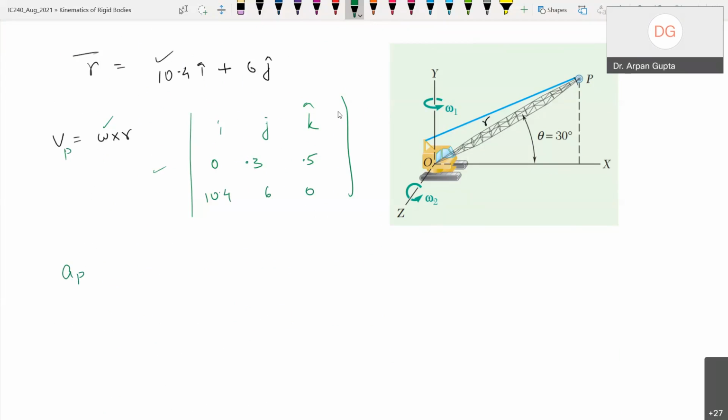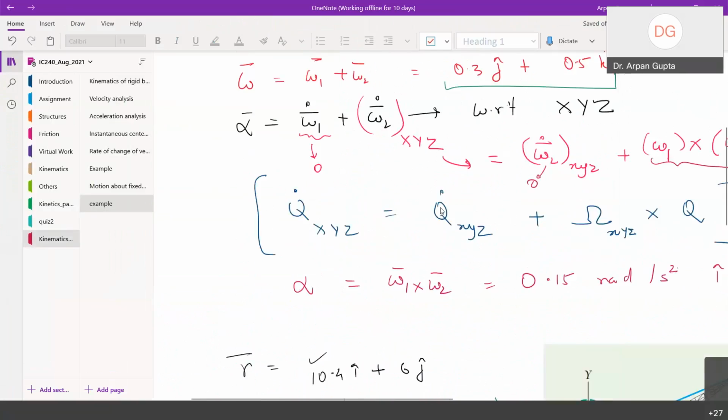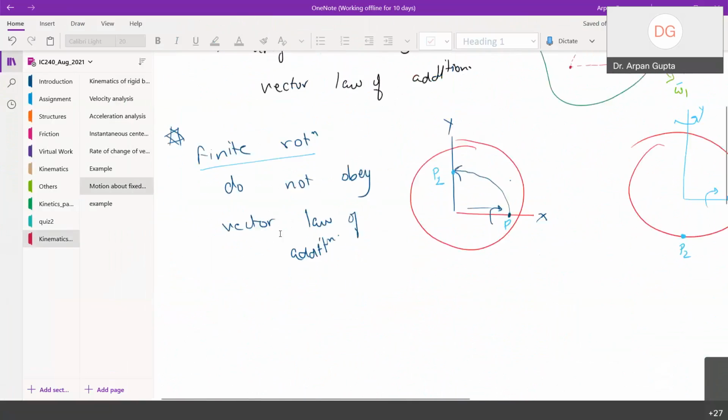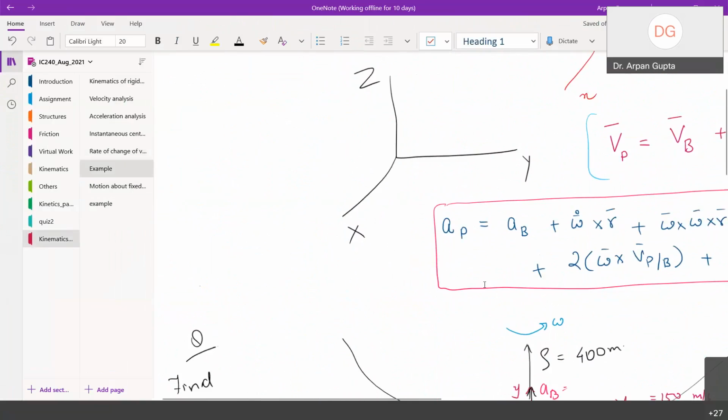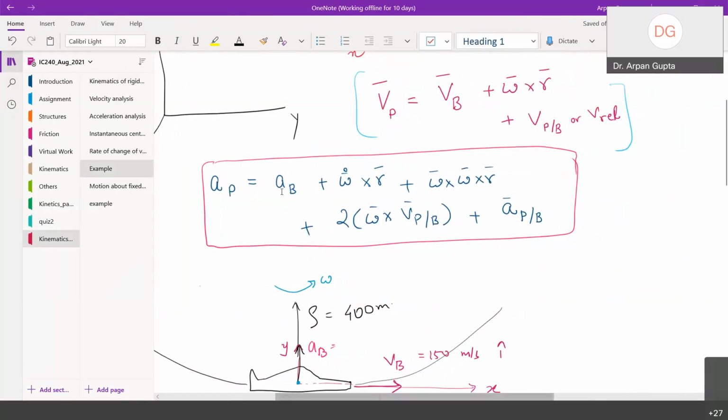And similarly, the acceleration of the point P, or this tip of the boom, can be calculated by again using the generalized term here. In this term we will see that the acceleration of the frame is 0, and the velocity of P with respect to B is also 0.